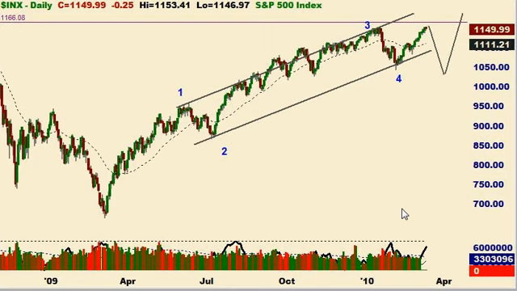Someone made a comment that the impulse type pattern that I've labeled doesn't really fit into a typical Elliott wave channel. Well, the bottom line is it really can. I don't favor that this is an impulse wave necessarily; I'm just saying that it possibly could be. If you connect the top of wave 1 and the top of wave 3, draw a perfectly parallel channel and start at the bottom of wave 2, it connects almost perfectly with the close at the bottom of what's labeled so far as wave 4.